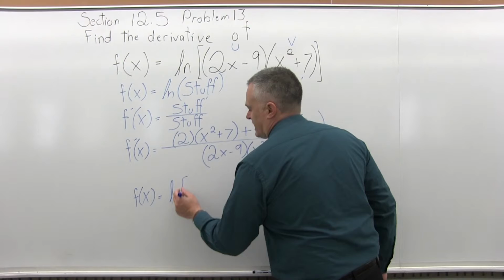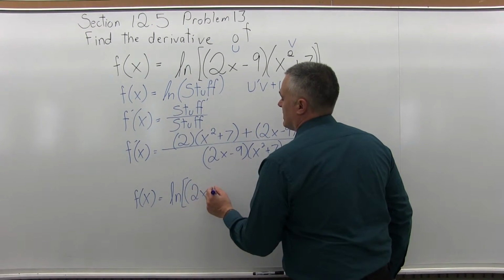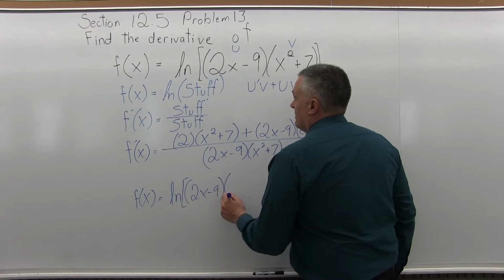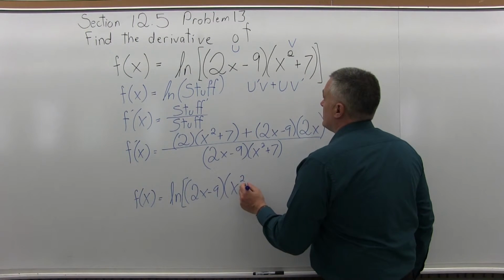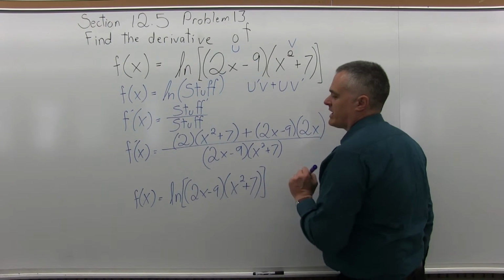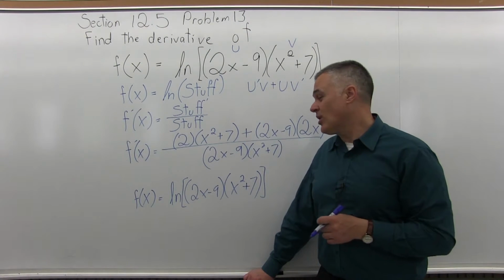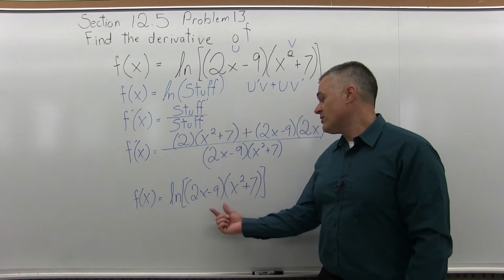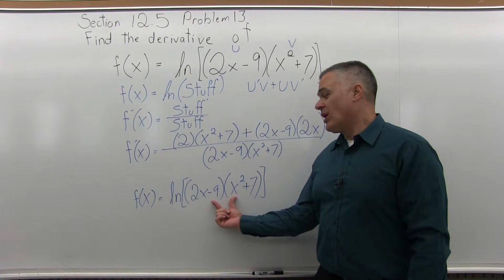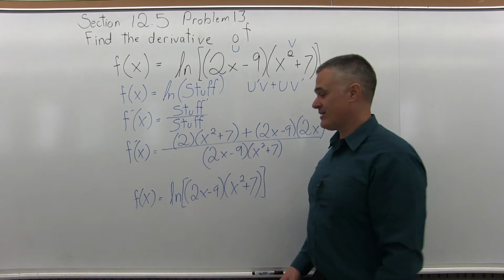F of x equals the natural log. You have brackets with a couple of sets of parentheses in it. 2x minus 9 times the next set of parentheses, x squared plus 7. Close the parentheses. The whole thing's in brackets. Now, if you remember your properties of logs, the first property of log says if you have the log of a product, and this is a product, you can split it into two separate logs that are added together.